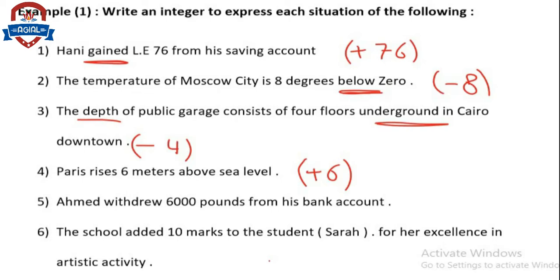Ahmed withdrew, so the answer is -6,000. Number 6, the school added 10 marks to the student Sarah for her excellence in artistic activity. And now guess the answer. So the answer is +10.